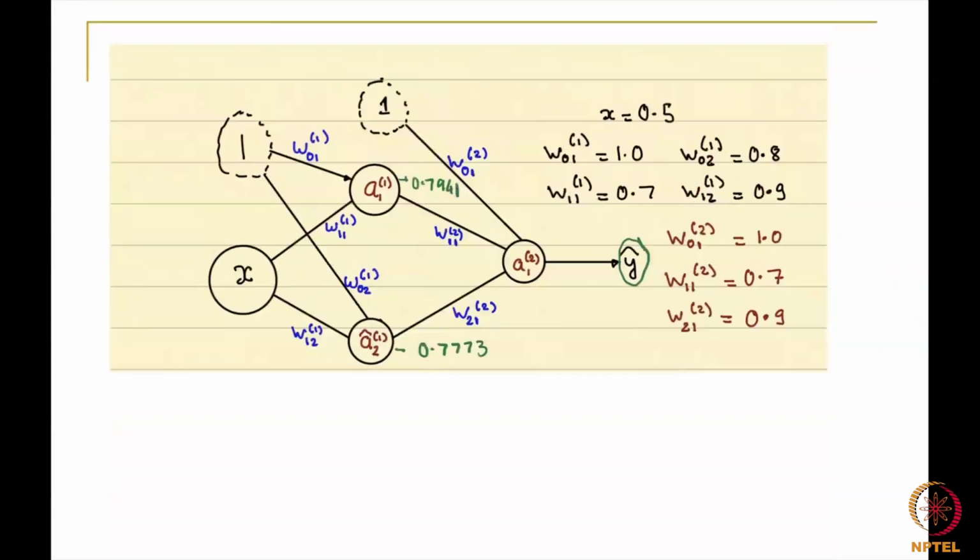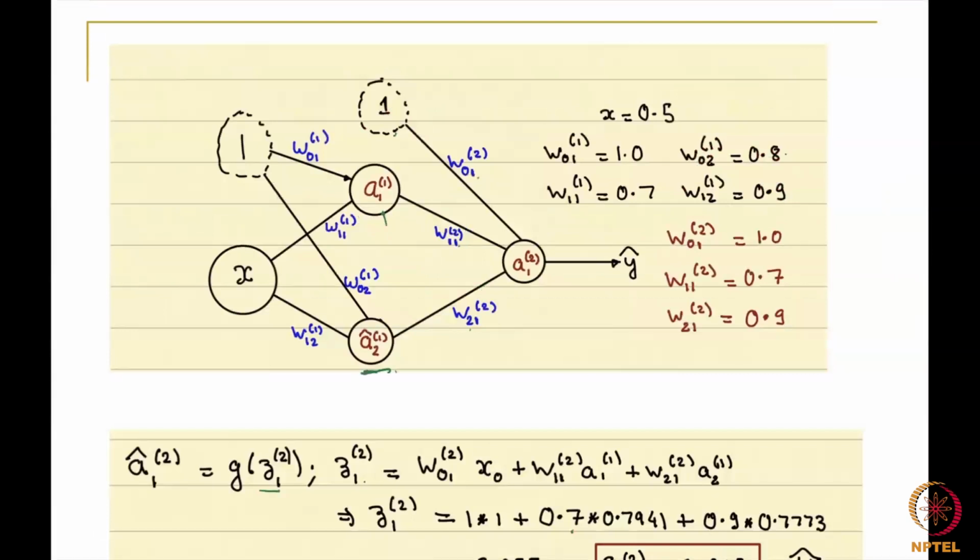Now, our final job is to calculate this. This is what lets us calculate the y hat, which we are finally interested in. And y hat is basically exactly the same as A12. That's what we throw out as y hat. So this one has input from 3 places: W012, W11, and W21. And it multiplies just like the normal perceptron by the respective weights. So that's W01 times X0 plus W11 times A1 plus W21 times A2.